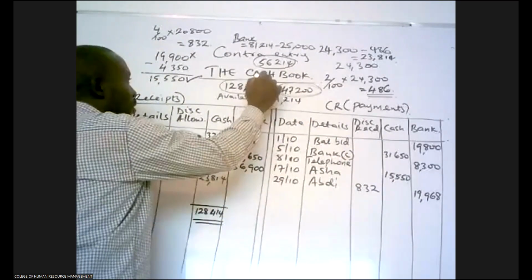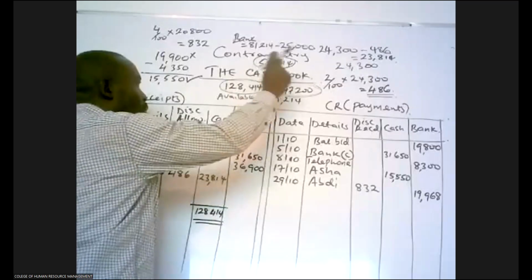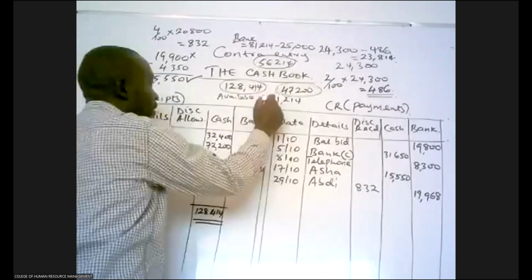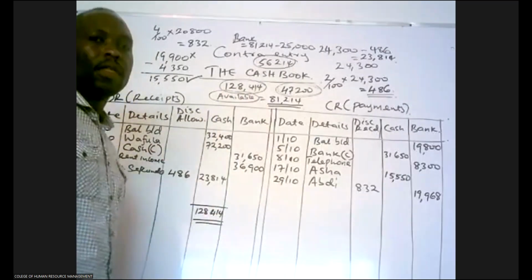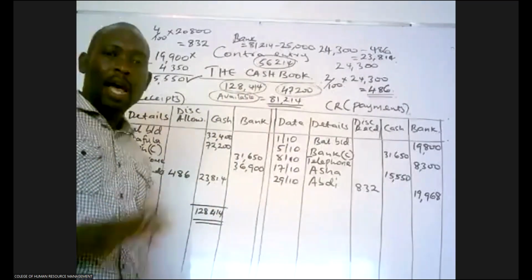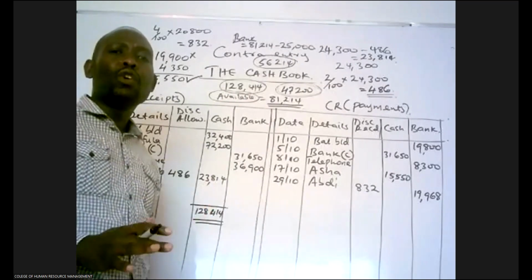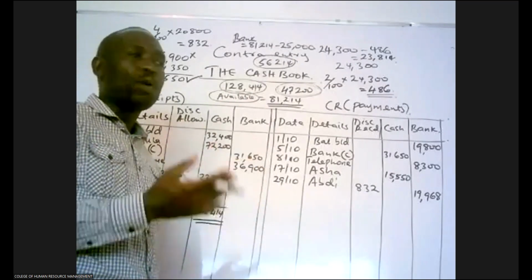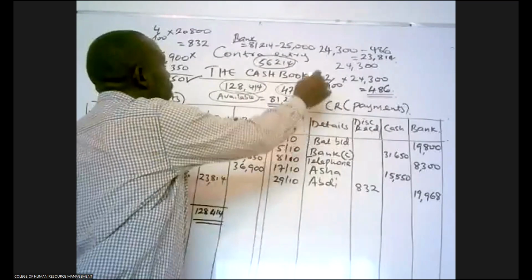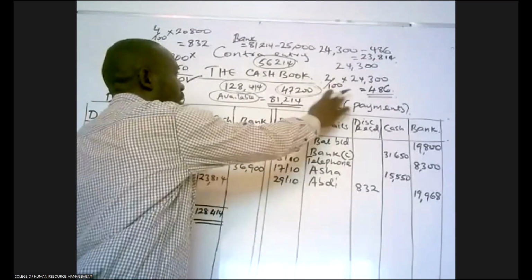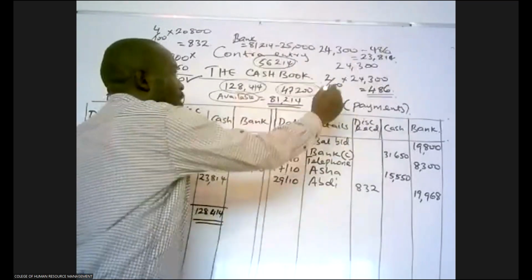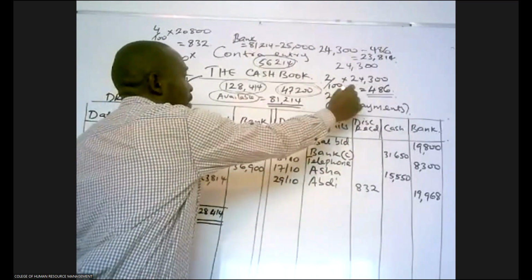So the difference between what was received and what was paid, it is what was available at that point. But we did not take to the bank everything. We were told not to bank 25,000, but to bank and only retain 25,000.